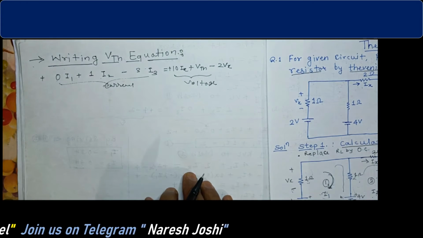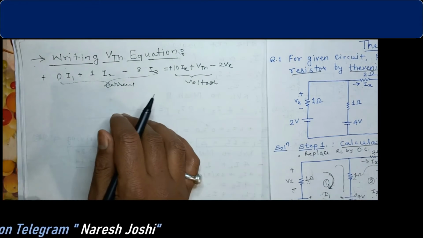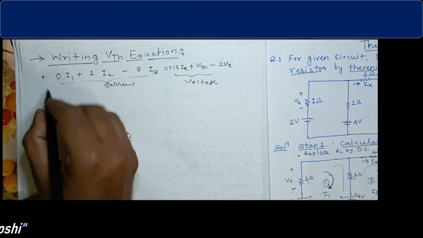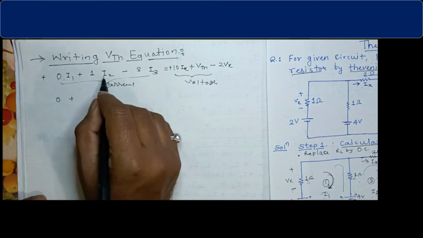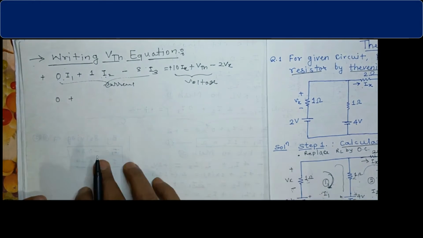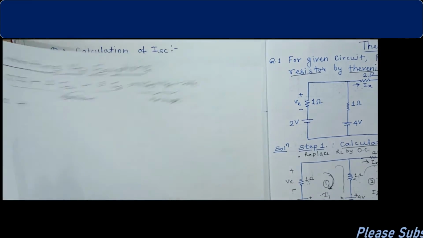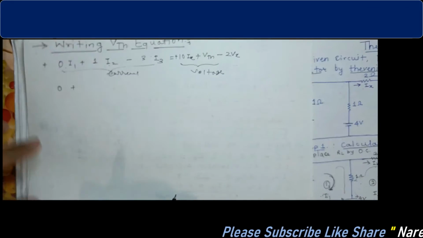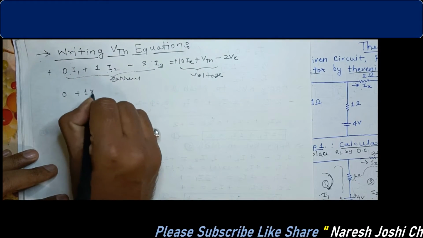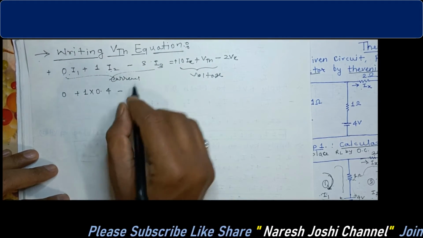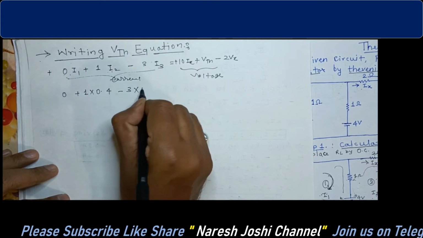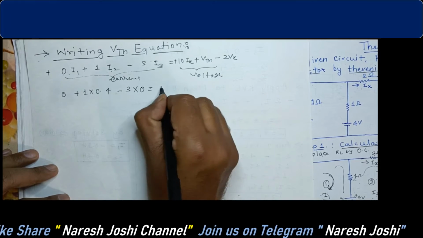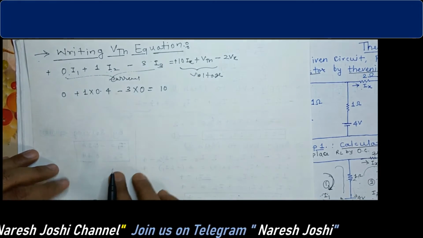Okay, so simplified: I1 is 0, so I will write here 0, then plus I2, which we have already calculated. The value of I2 was 0.4, so I will put 1 into 0.4, then minus 3, as we know I3 is 0, so we put 0 directly here. Then 10 Ix is from the circuit diagram.